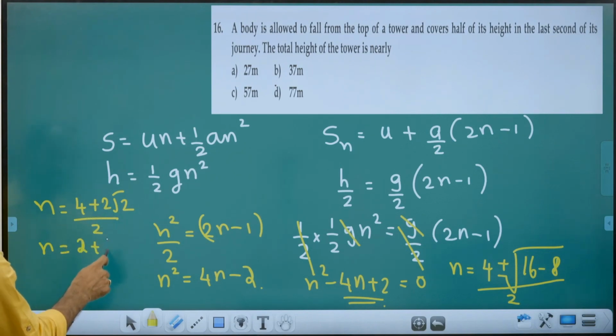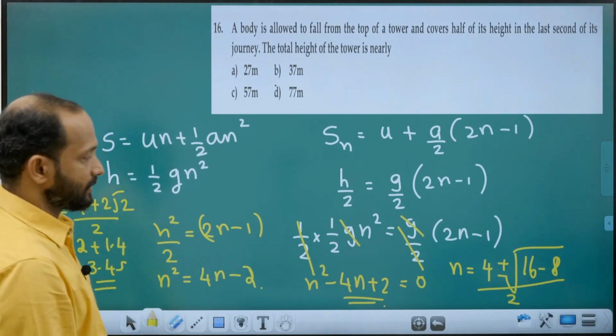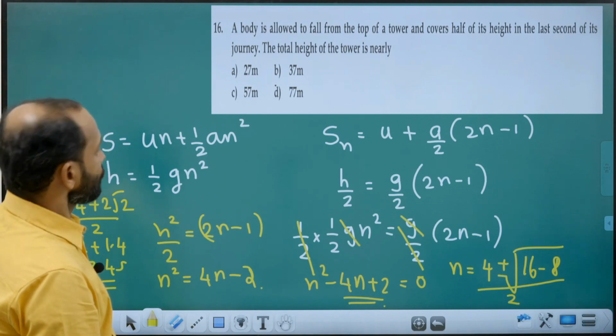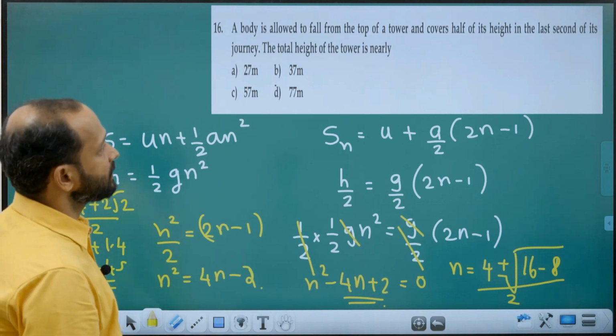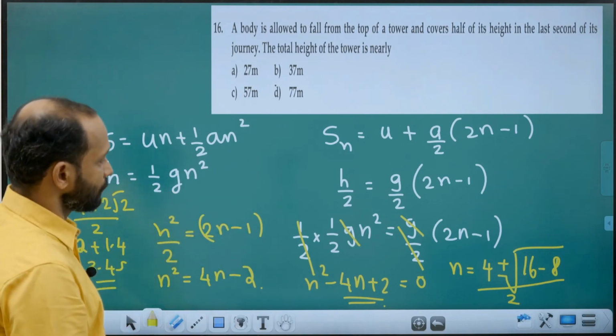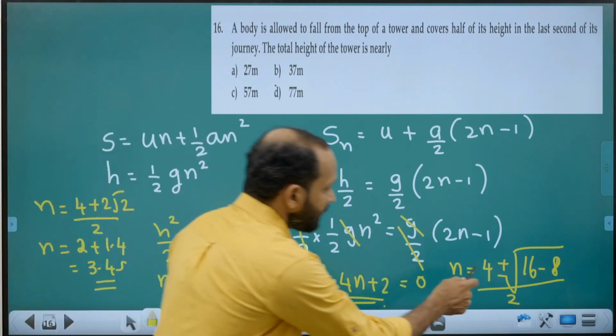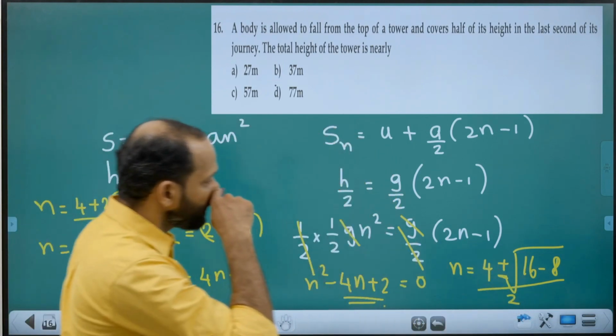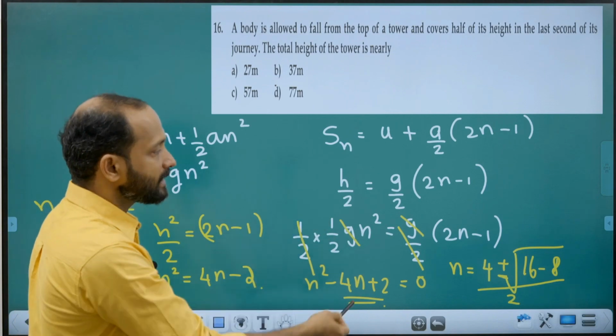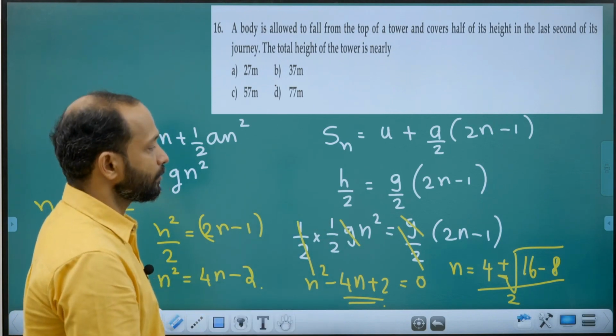So 2 plus 1.4, that you can write as 3.4 seconds. It takes 3.4 seconds, so 3.4 seconds is the time taken to reach down. I have not taken the minus root, because 4 minus root 8 means 4 minus 2 root 2.